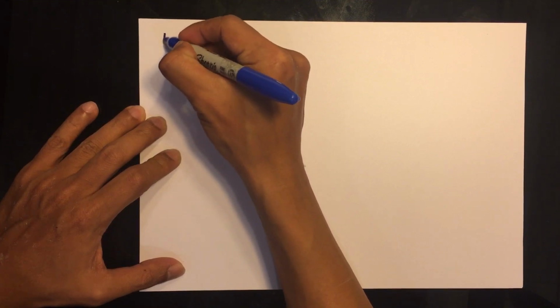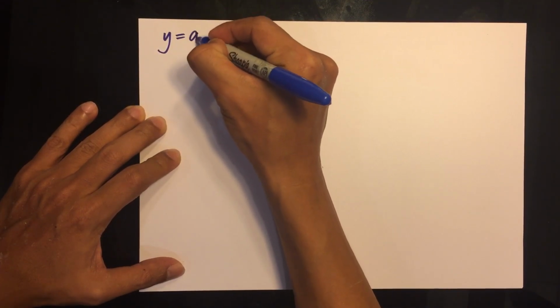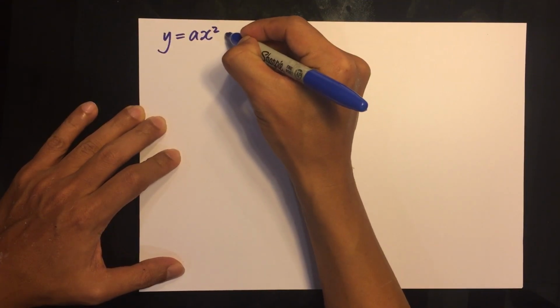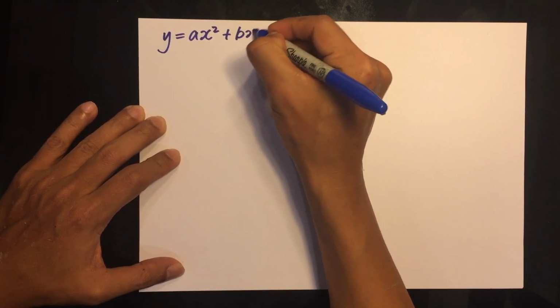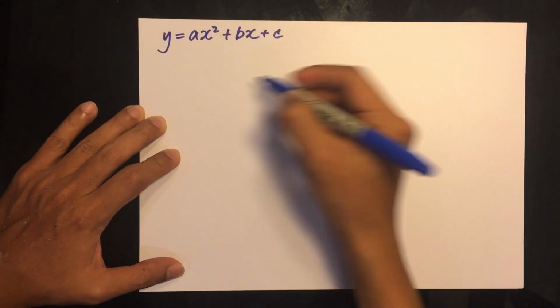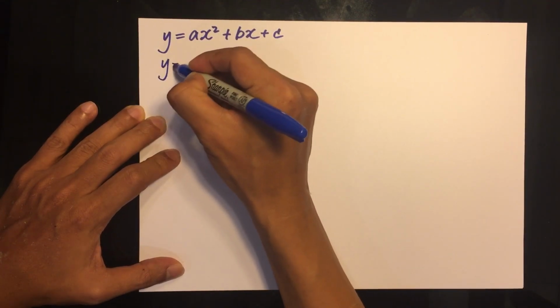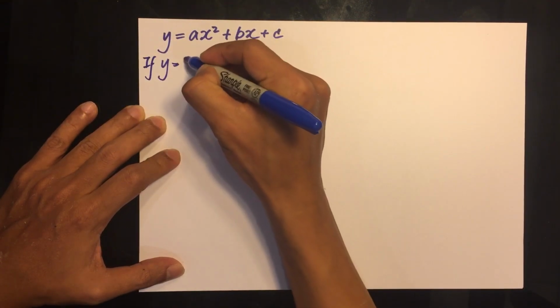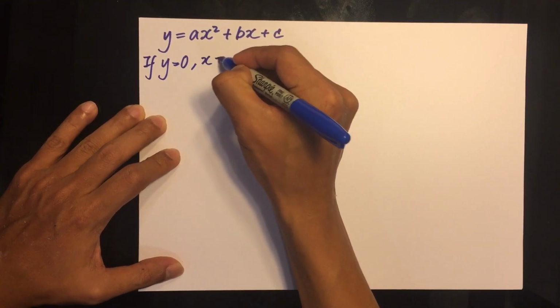So in this video, we're going to talk about quadratic expressions and how to solve them. So let's start with our classic quadratic: y equals ax squared plus bx plus c, right? You've probably learned in school, if y equals 0, what's x?